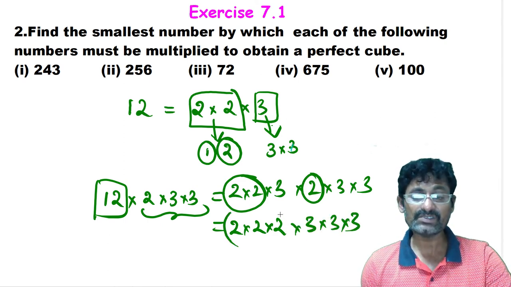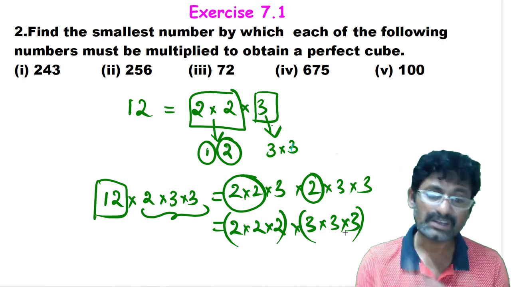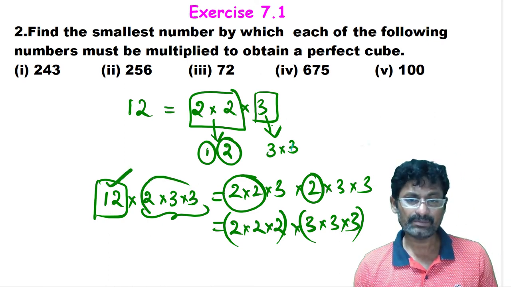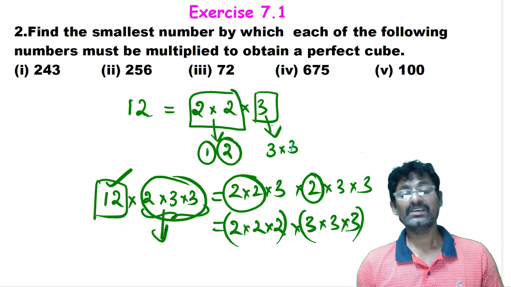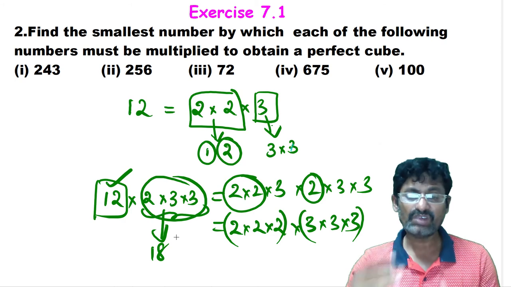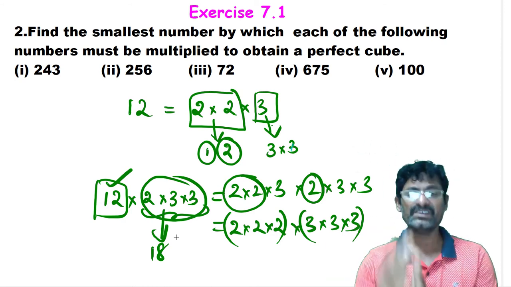So we have triplets. You see here 2 times 2 times 2 is one triplet and 3 times 3 times 3 is one triplet. Now we got triplets. So 12 is to be multiplied by 2 times 3 times 3. That means 2 times 3 is 6, 6 times 3 is 18. So 12 is to be multiplied by 18 to obtain a perfect cube.